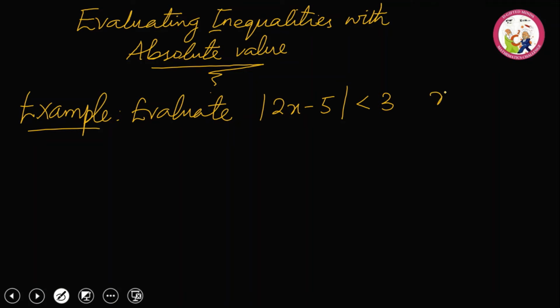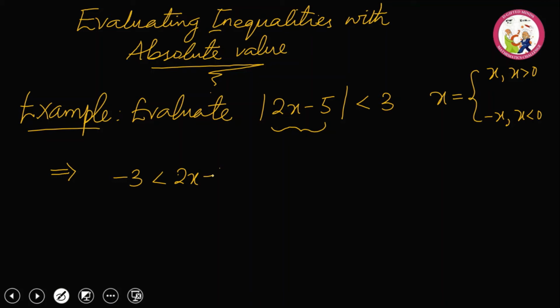Of course, let's recall the definition again. The absolute value of a number x is equal to x if x is positive and negative x if x is negative. Since we're told that the absolute value of this expression is strictly less than 3, what it implies is that negative 3 is less than the expression in the bracket, 2x minus 5, and that expression is less than 3.